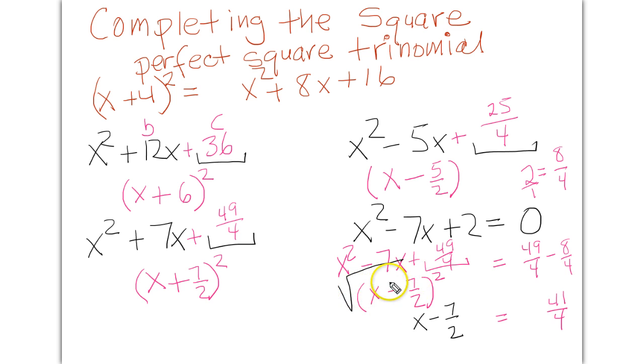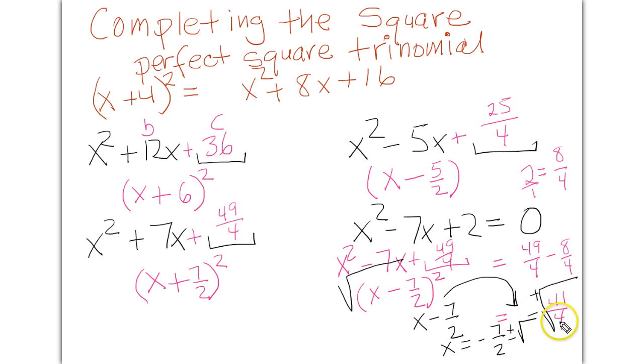But if we took the square root of this side, we have to take the square root of this side also. And to solve this for x, I just transpose that, and this will become x equals -7 halves plus or minus the square root.